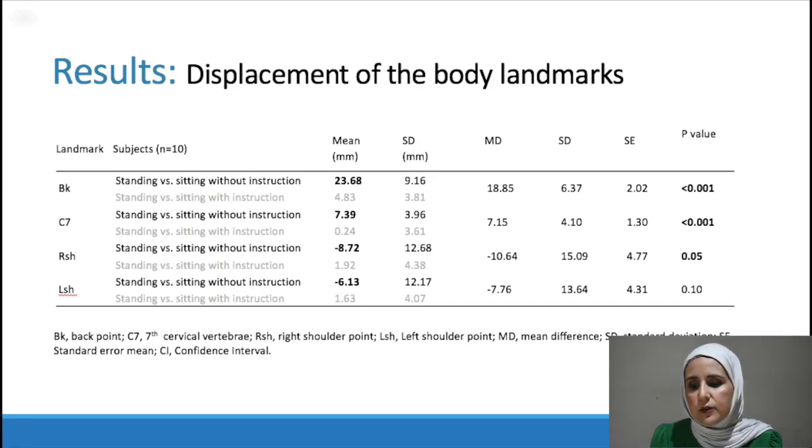The measurement was 23 millimeters displacement, while if the patient was instructed, the displacement was massively less, about 4 millimeters only. So you can see the significant difference between instructed and non-instructed landmark displacement. And it's also much less with C7 and the right and left shoulder measurements.